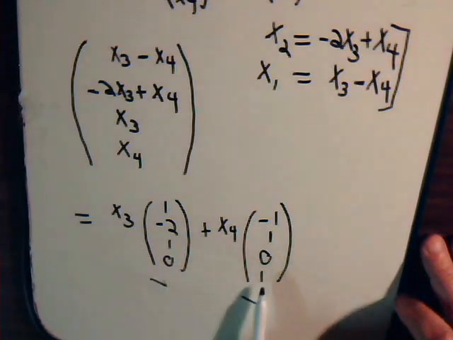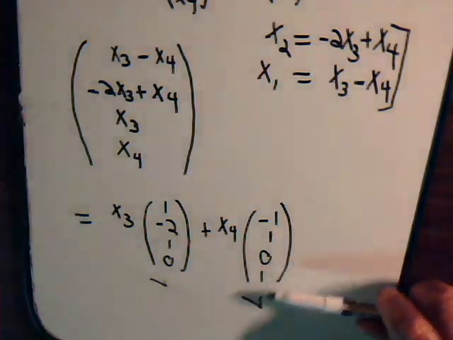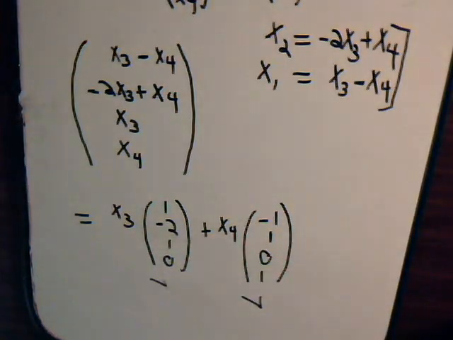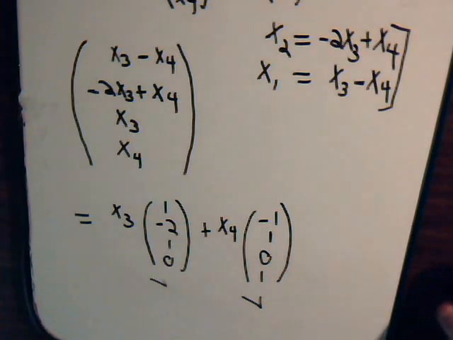Where this has a 0, this has a 1. So there's no number that I can multiply this by to give us this vector. And same thing here, there's no number I can multiply this by to give this vector. So in the null space, we have two linearly independent vectors right here. Therefore, we say that the dimension of the null space is 2.